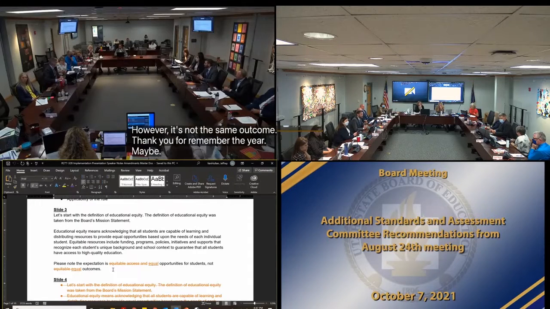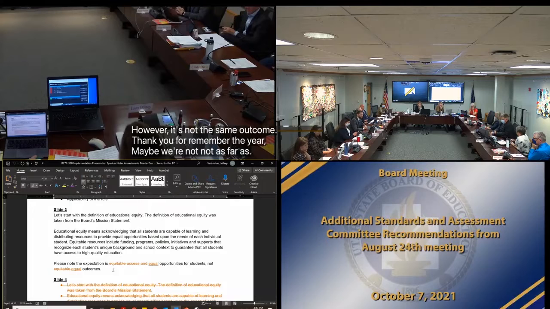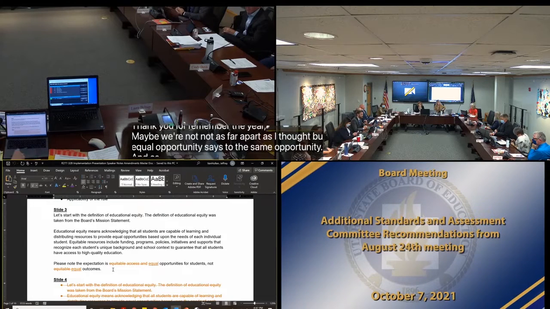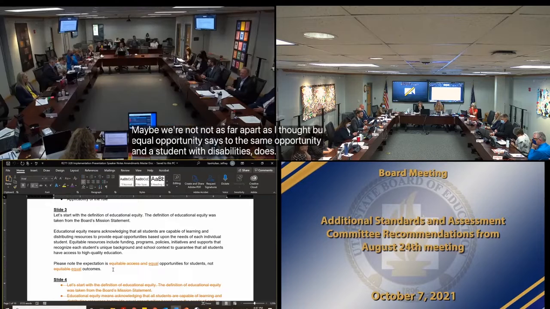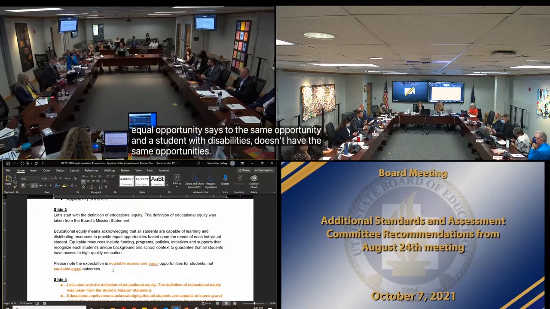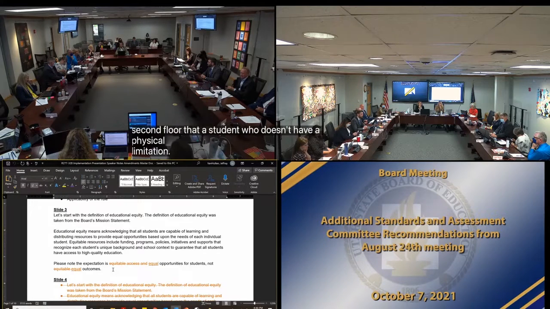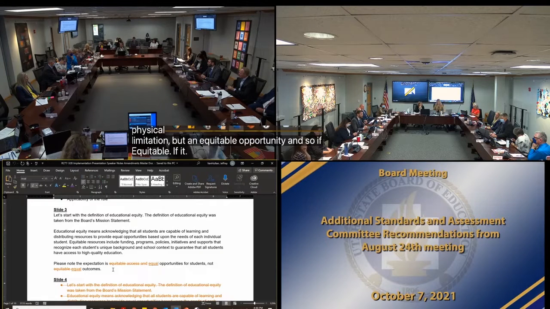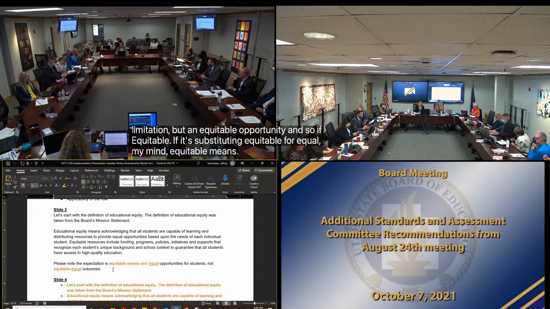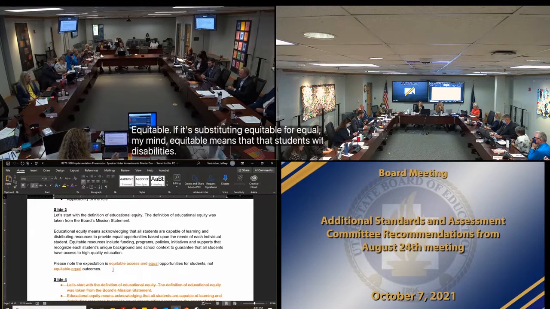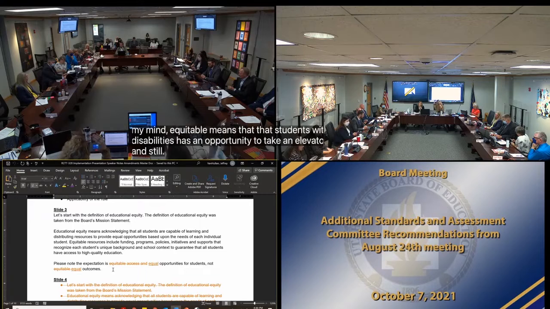Maybe we're not as far apart as I thought, but equal opportunity says to me same opportunity. And a student with disabilities doesn't have the same opportunity to walk upstairs and get to the second floor that a student who doesn't have a physical limitation has. But an equitable opportunity, in my mind, means that that student with disabilities has an opportunity to take an elevator and still get to the second floor.